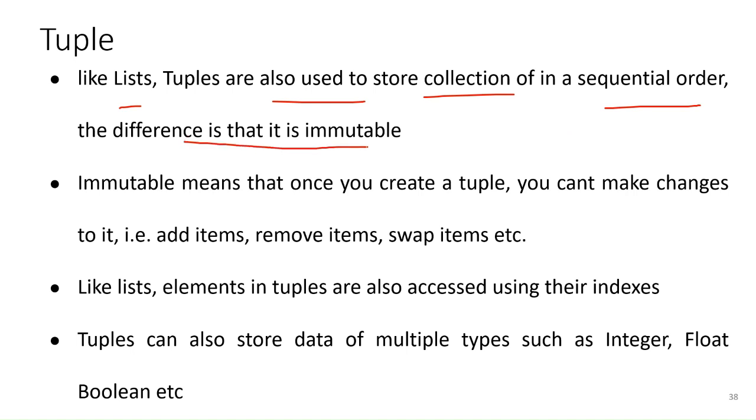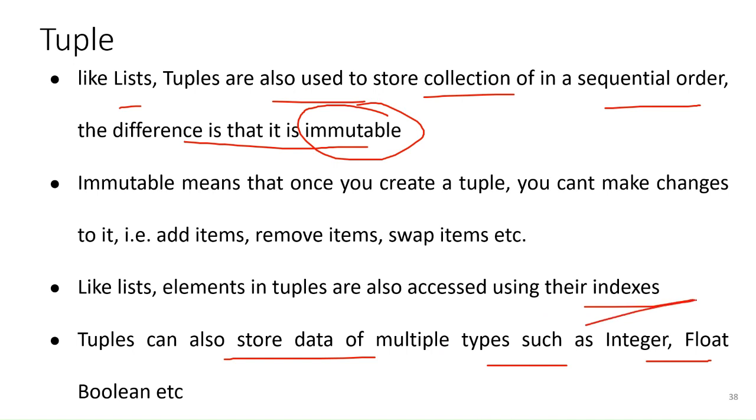Almost all operations we have done with a list can be done with tuple also, but the only difference is that it is immutable. Tuple can also store multiple types such as integer, floating point. Here also it is ordered, so there will be index values for each and every item.